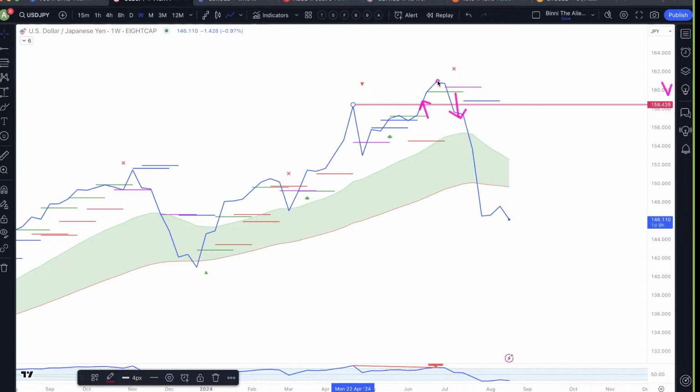It means the whole chunk of people who bought dollar yen here, when they see that price is moving down, what happened to them? Those people who bought dollar yen at 160, when they see that price move to, let's say, 155, people who bought at 160 see that people who bought at 155, are they happy or are they sad? Are they happy or are they sad?